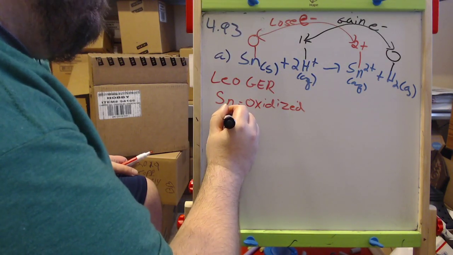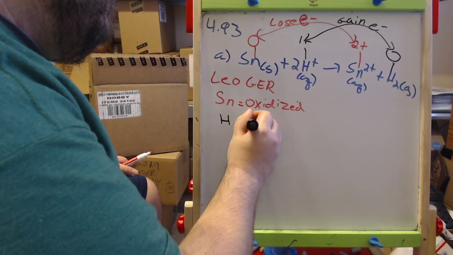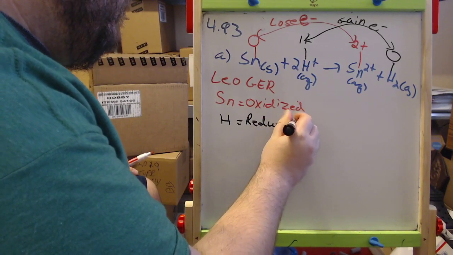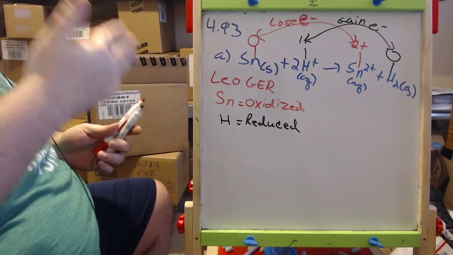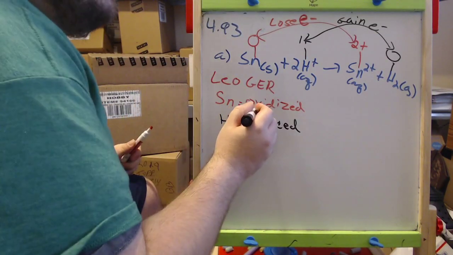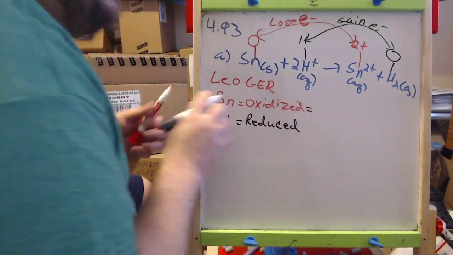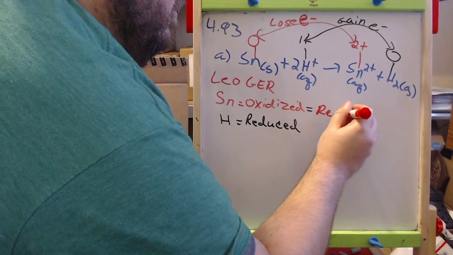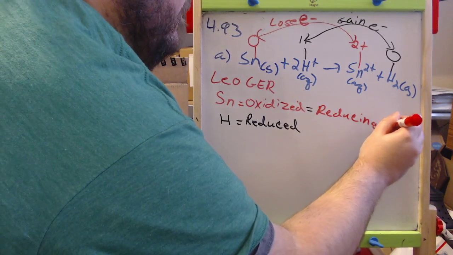Sitting around here. How about hydrogen? Hydrogen is being reduced then. But that's not what they asked. They asked if I am the reducing agent or the oxidizing agent. If I'm the substance losing electrons and I'm oxidized, I am the reducing agent.